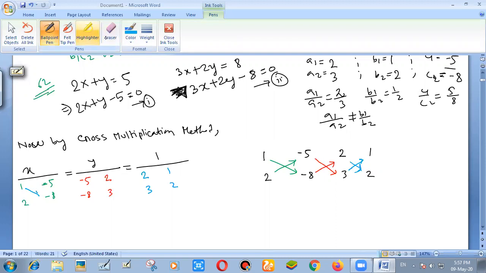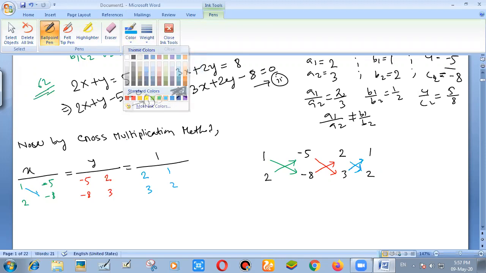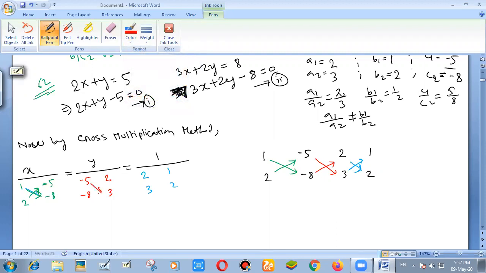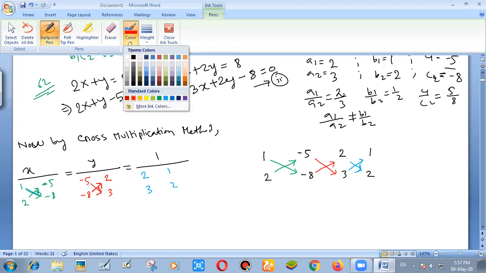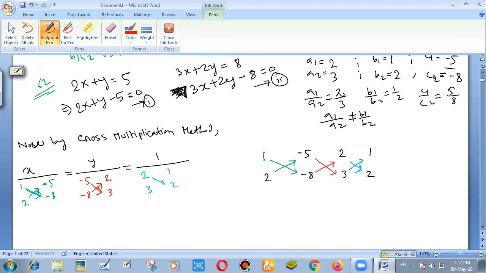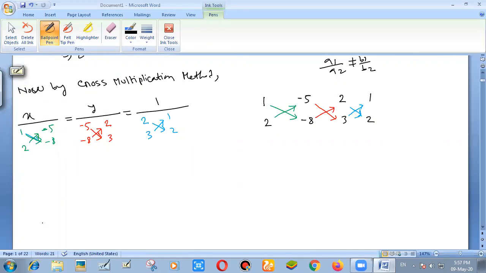Now cross multiply. For x: 1 into -8, it will be -8.